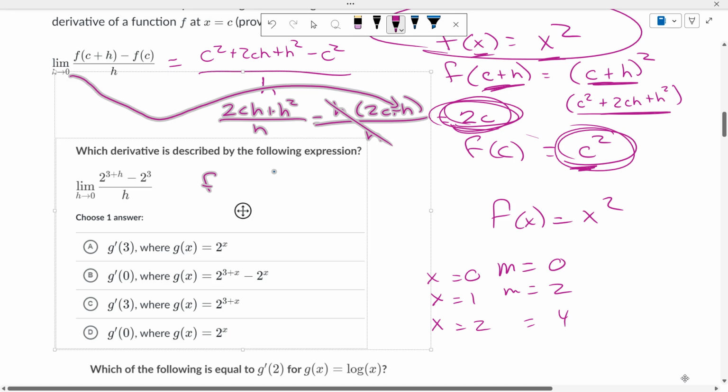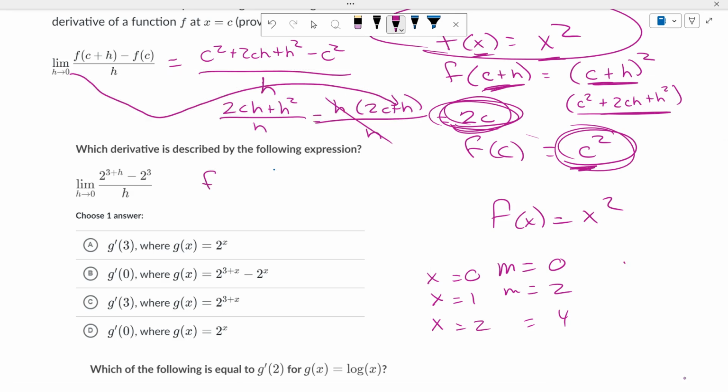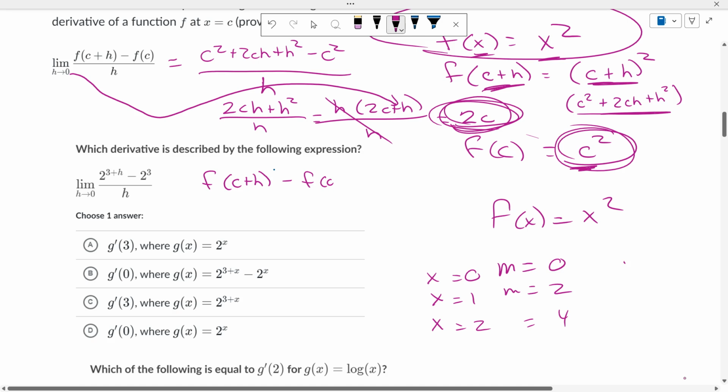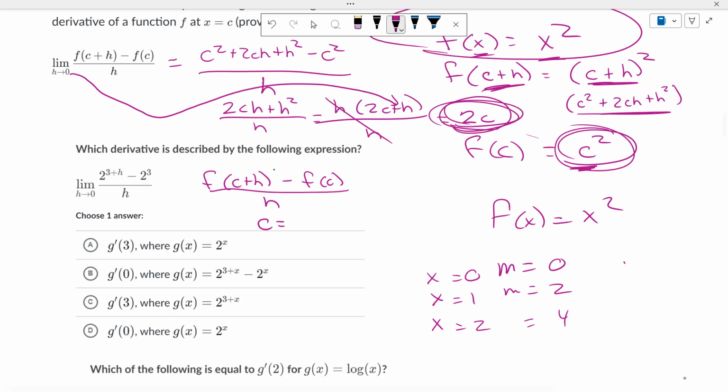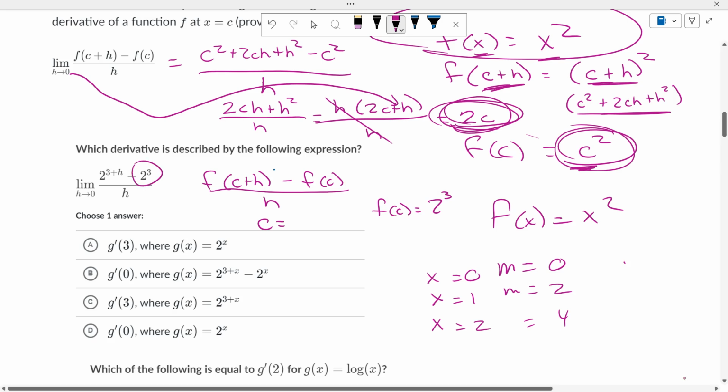So, they do c plus h. I like to do f of x plus h, but we'll do c plus h here. Minus f of c all over h. So what is c going to be in this case? What's f of c? f of c is 2 to the third, whatever this is. Okay?